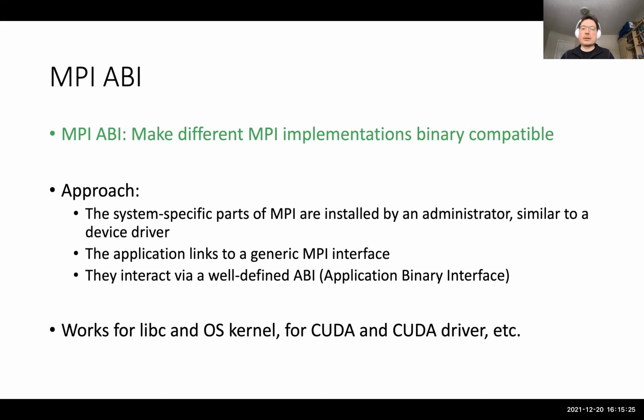The approach is essentially that the system-specific bits of MPI should be installed by a system administrator, and the application links to a generic MPI interface. When you build the application somewhere on a CI system, and you download the binary on an HPC system, they talk to each other via this API, and everything is much easier.